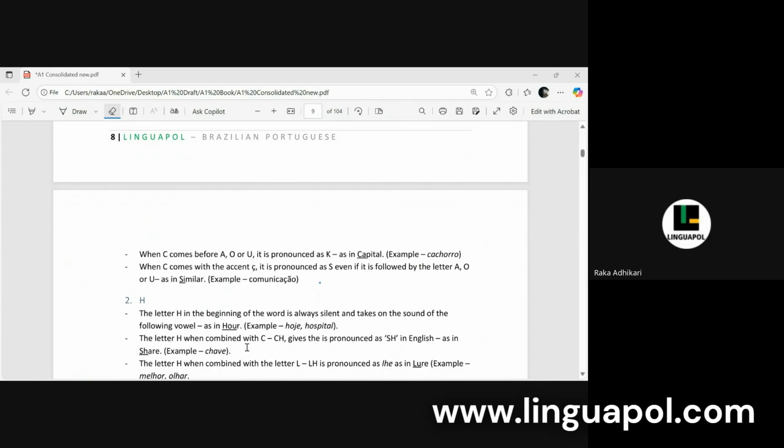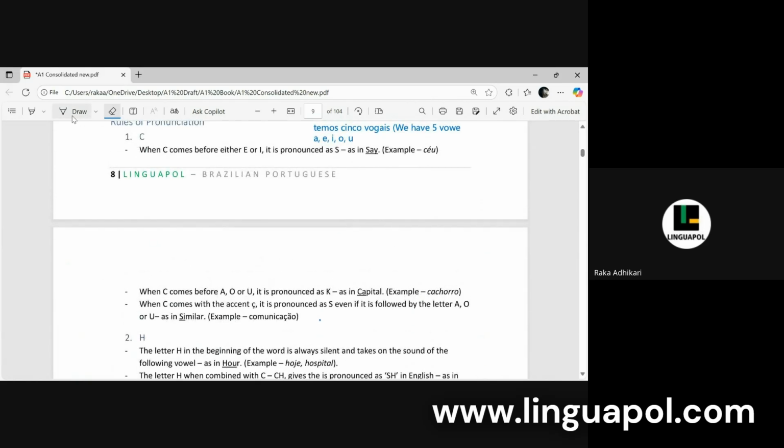Just like the letter C, we have different sounds for the first two vowels, that is E and I. For E and I, we call it J. GE and GI, the sound is J. Whereas GA, GO, and GU, the sound is G.